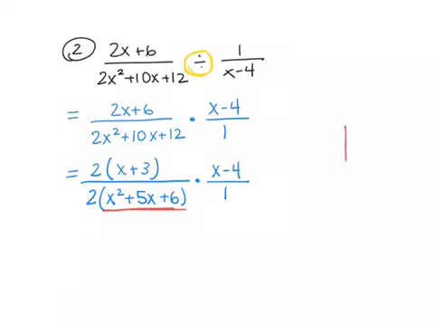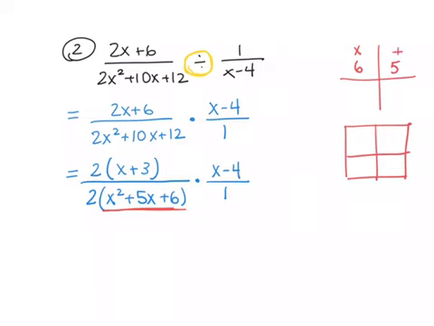So again, I'm going to move over here and I'm going to set up a box for that. This time I would be looking for two numbers that multiply to be 6. And those same two numbers need to add to be the middle number, so add to be 5. So two numbers that multiply to 6 and add to 5, 2 and 3.